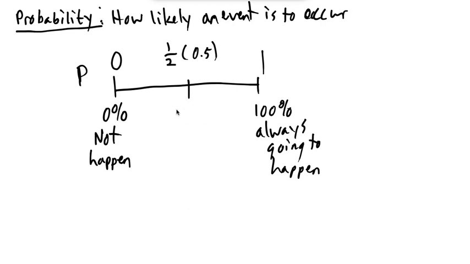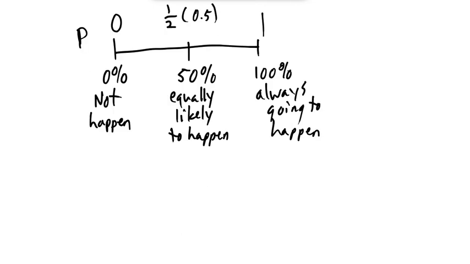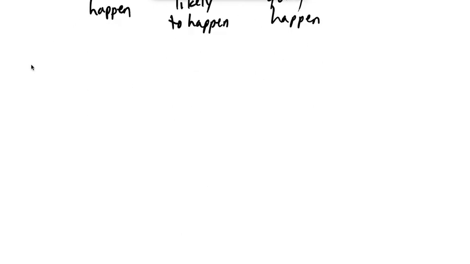Well, when we convert that into a percent, that becomes 50%, meaning that this one is equally likely to happen or not happen. So probability shows up between 0 and 1. It's usually a decimal, but you can think about it in terms of a percent. Now we have two different types of probabilities. The first one of those is experimental.